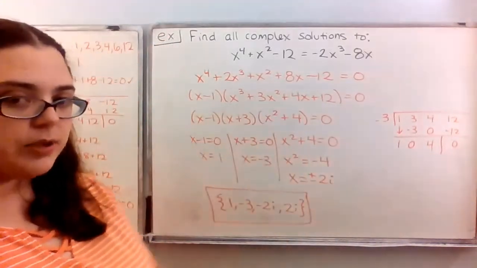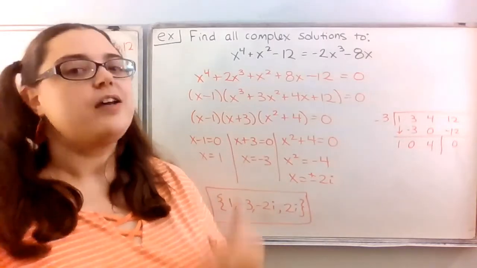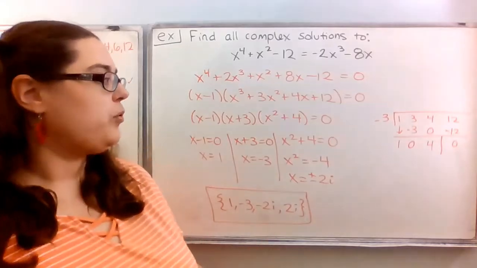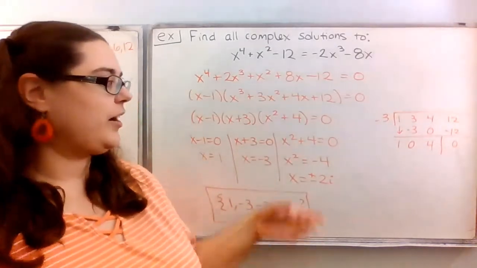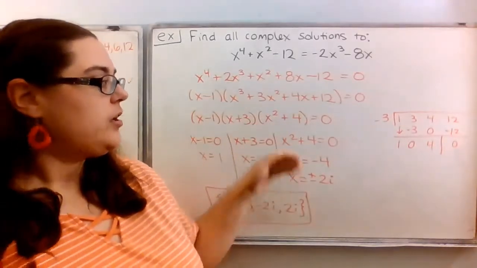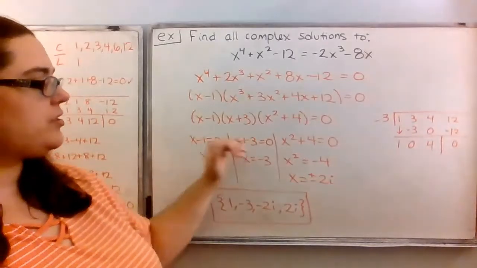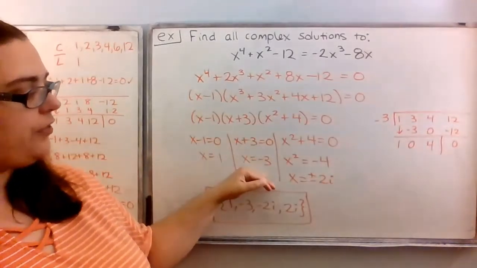Now I know that x squared plus 4 is a smiling parabola 4 units above the x-axis. So I know that that's prime over the real numbers. At that point, you could try to use your quadratic formula, but I knew that I'd be able to use the square root property. Since we're finding solutions here, I set each of those factors equal to 0, and then got x is 1, -3.